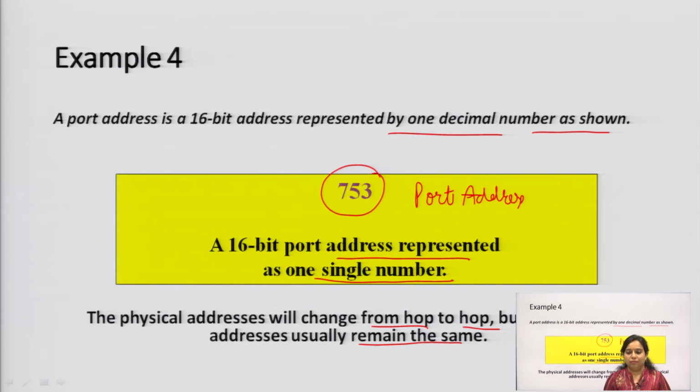Then in the next we have seen how the logical address and port address come into the picture. Port address is associated with every application or every process which is going on device A or device B, then how this data will be transmitted. So, this is the next example. Then port address is a 16-bit address, basically that has been written in a single form.